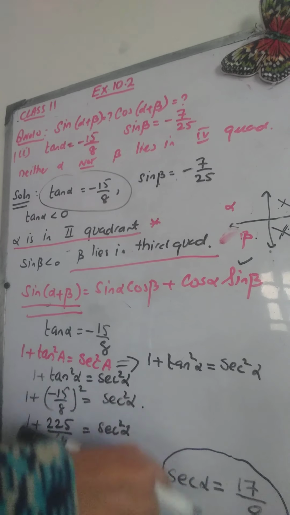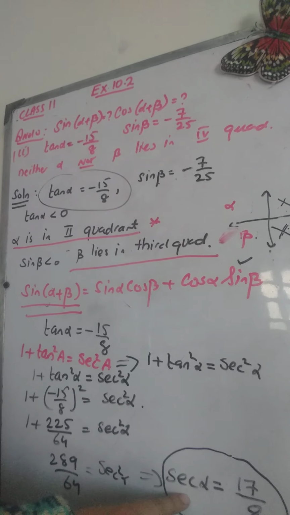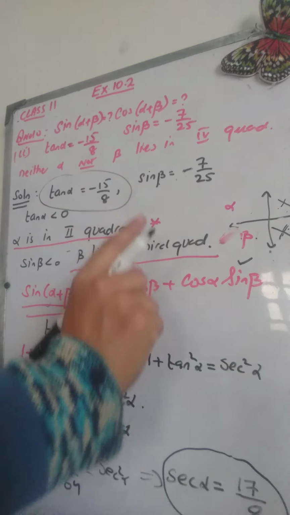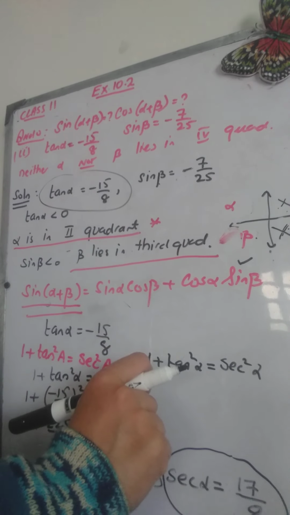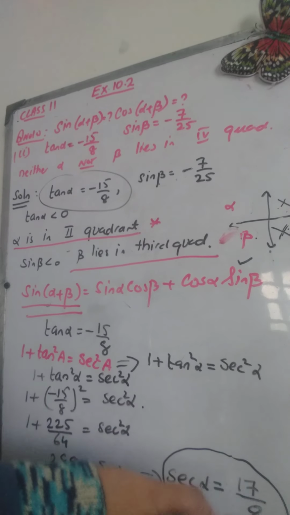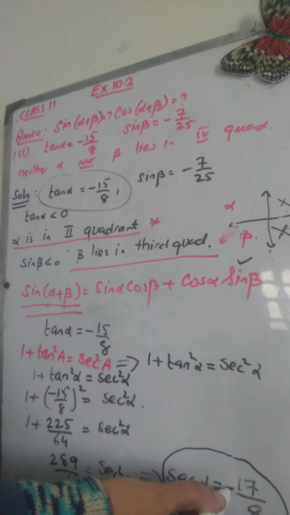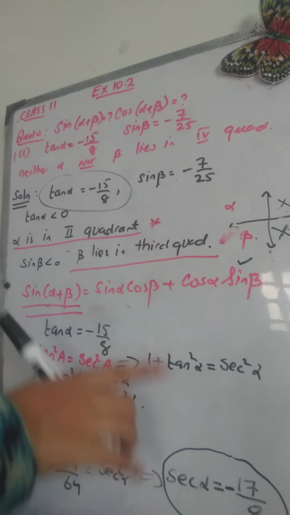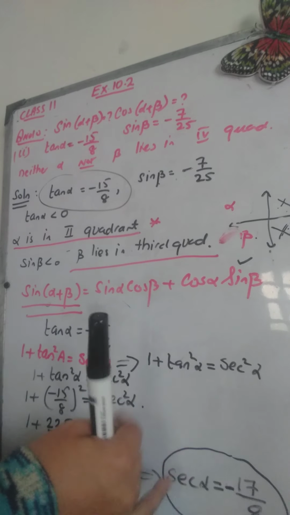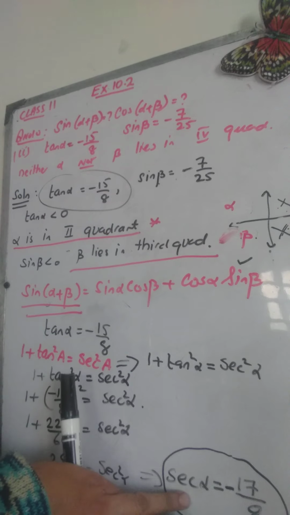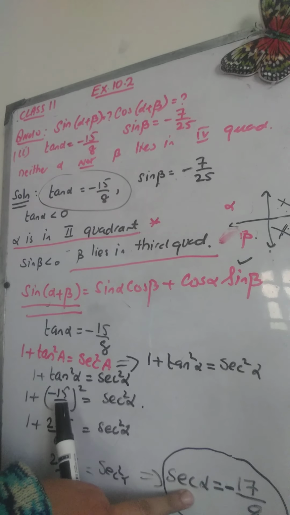And how we are going to decide about it? We know that secant alpha is the reciprocal of cos alpha. Now alpha is in the second quadrant, and in the second quadrant we know that cos is always negative. As cos is negative, therefore secant alpha will also be negative. So we put a negative sign over here, because alpha lies in the second quadrant, and as I have discussed in previous videos, cos alpha is always negative for an angle in the second quadrant.